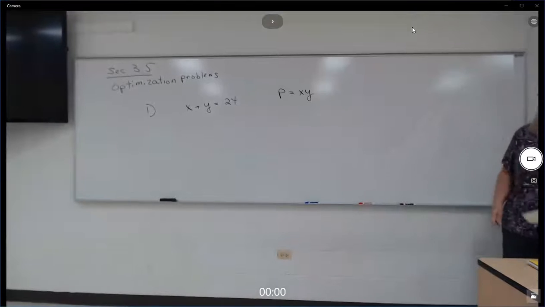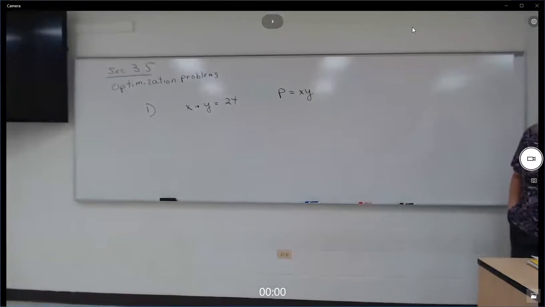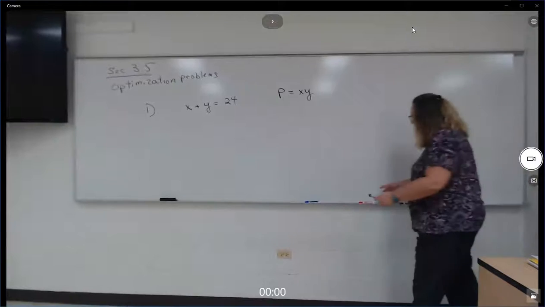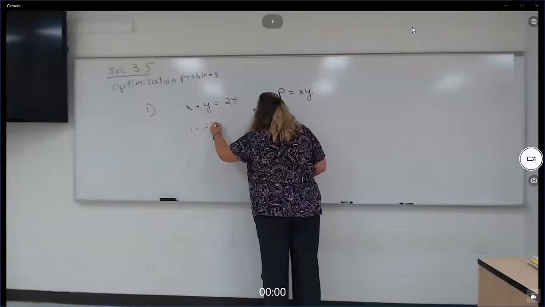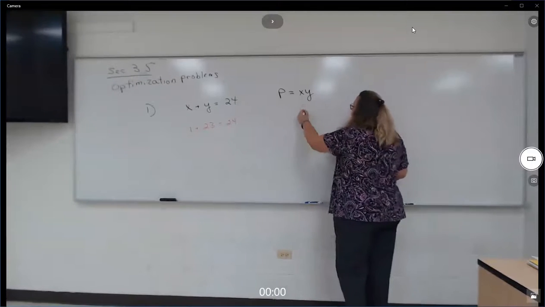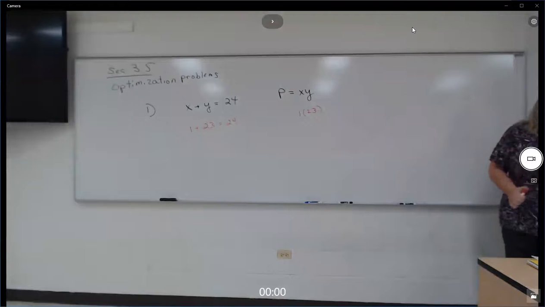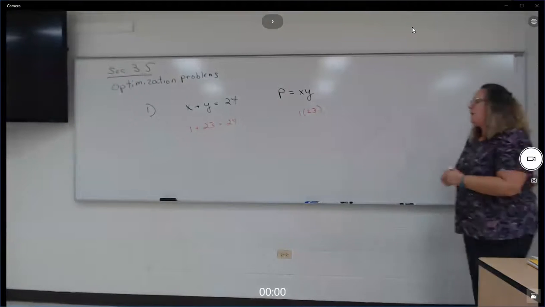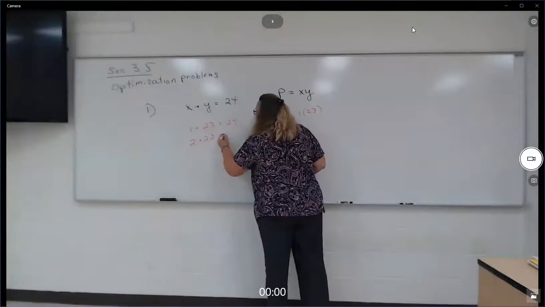So there's a lot of numbers out there that add up to be 24. If we did, and you don't have to write this down, 1 plus 23, that gives us 24. What is the product? 1 times 23 gives us 23. I just want you to understand what we're doing here. What happens if it is 2 plus 22?